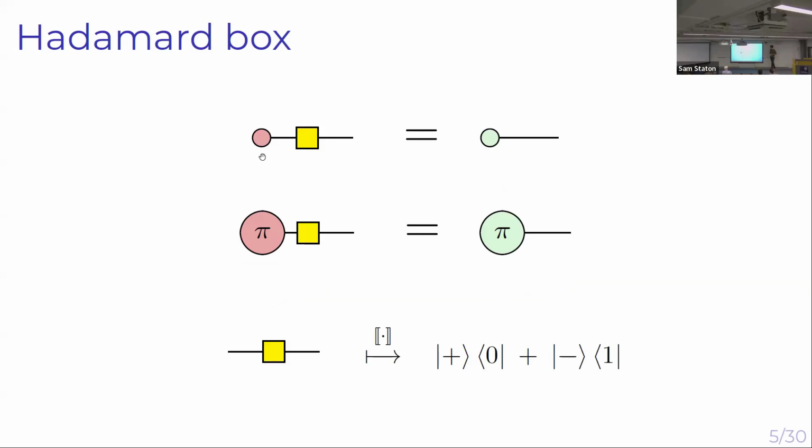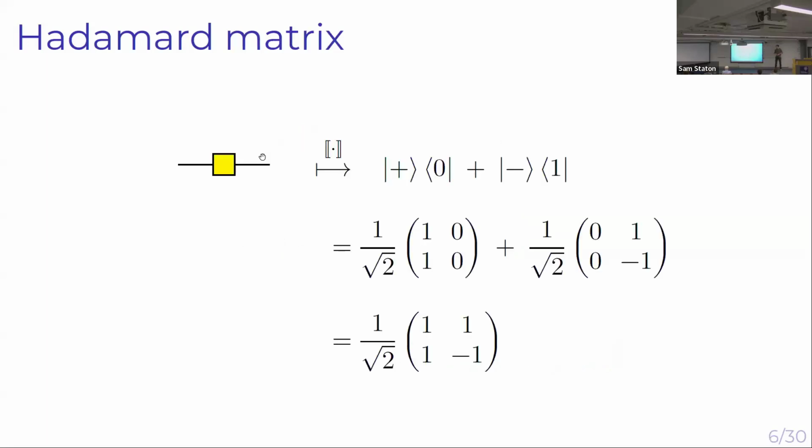So for example, in here, we know that this represents ket 0, and this is ket plus. So we know that this is ket plus bra 0, and the same with ket 1 and ket minus. So we know that the Hadamard box will represent this linear map, and then we can look at the underlying matrices, sum them up, and we indeed see that we get the Hadamard matrix.